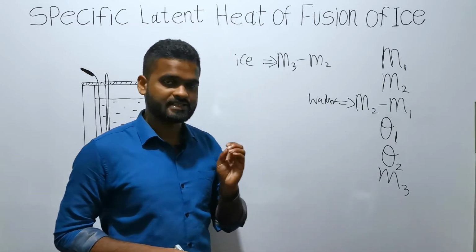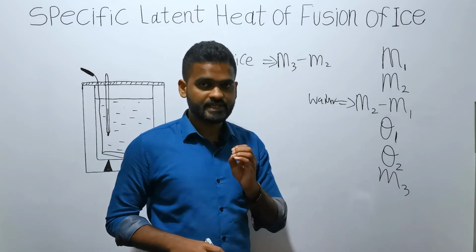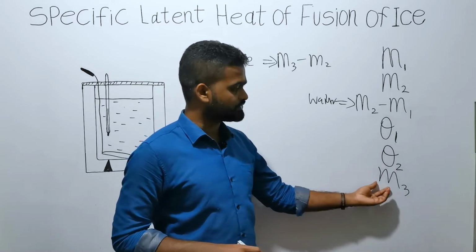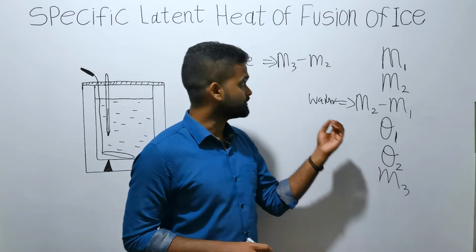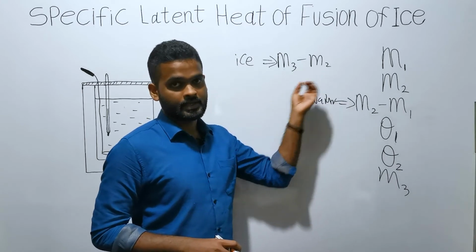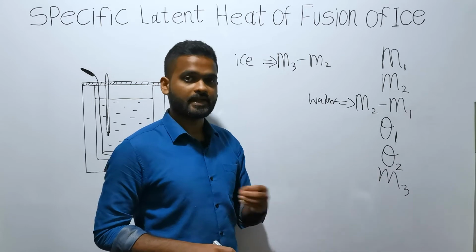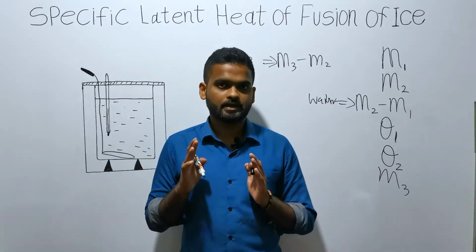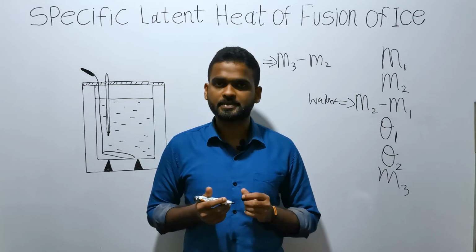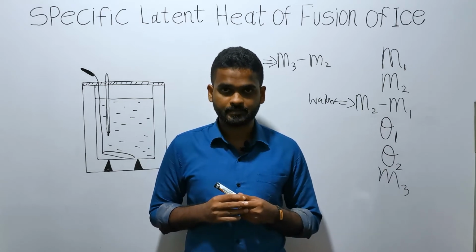The mass of ice required for the experiment is very small, so we need a more accurate balance when we are taking this M3 measurement. So M3 minus M2 is the mass of ice, and for that, when we are measuring M3, we need to use the chemical balance. Okay, now we have all the measurements required to find the specific latent heat of ice.